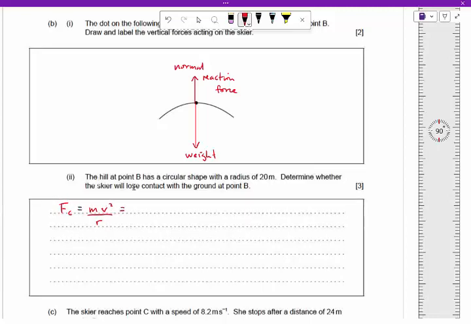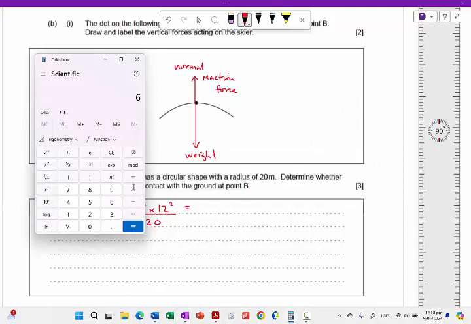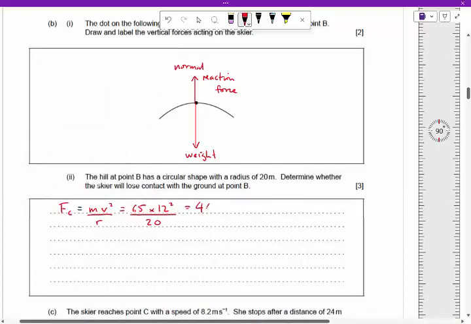which is 65 times the speed, about 12, squared, divided by r. The radius was 20, so that gives 65 times 12 squared over 20, which is 468 newtons.